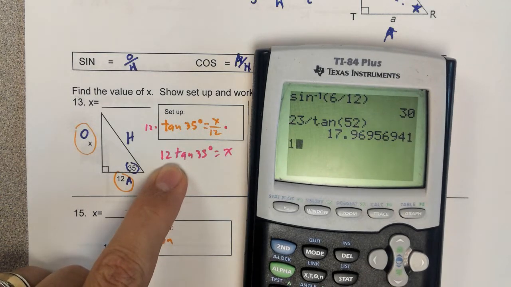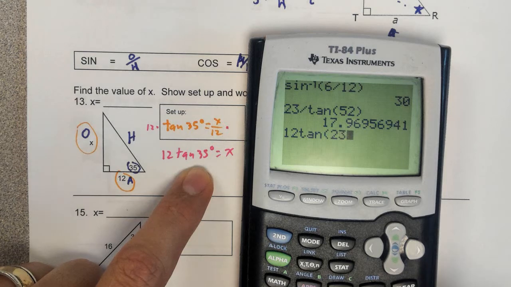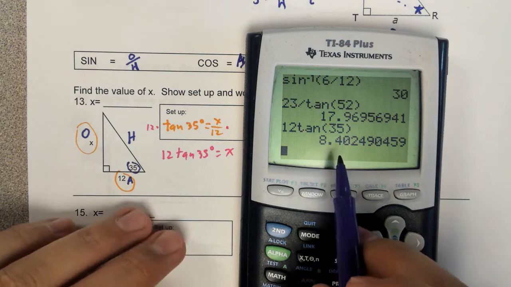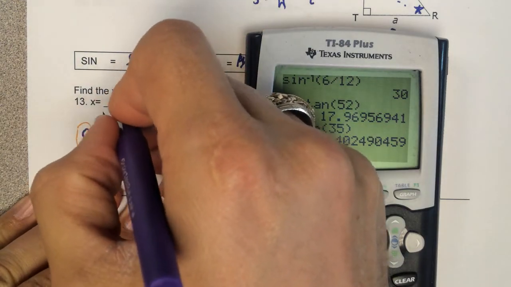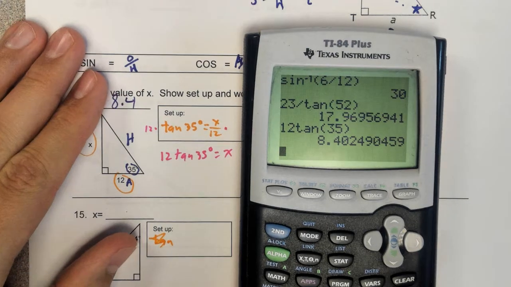Calculator, we're going to start with a 12, and then we just press tangent and put my 35 degrees in the calculator. Enter, and we get 8.4. So my opposite side is 8.4.